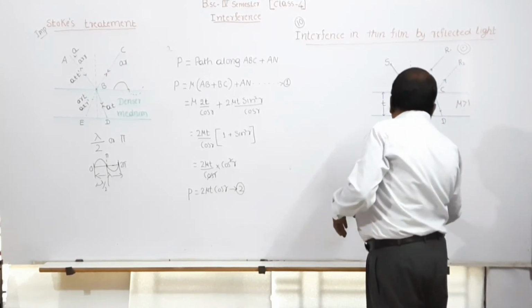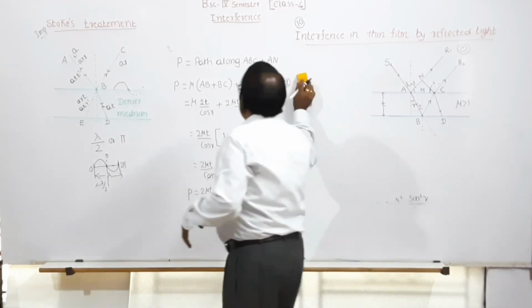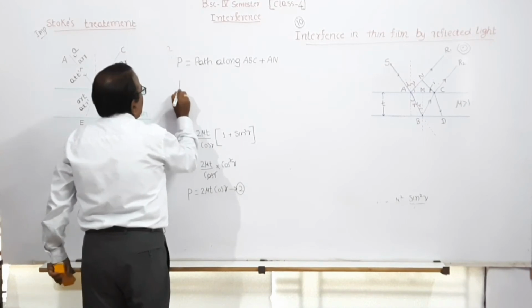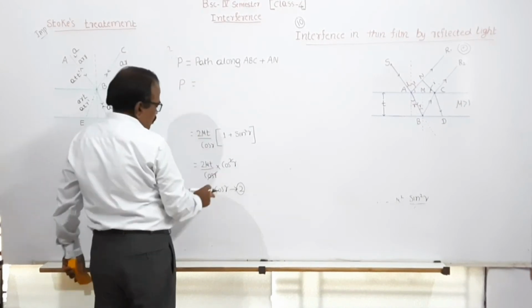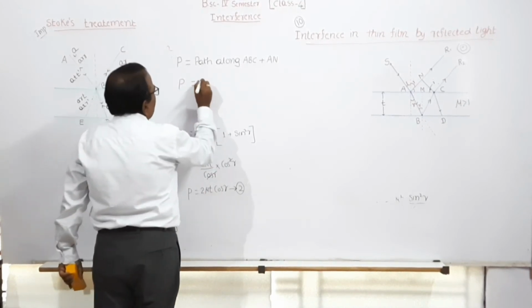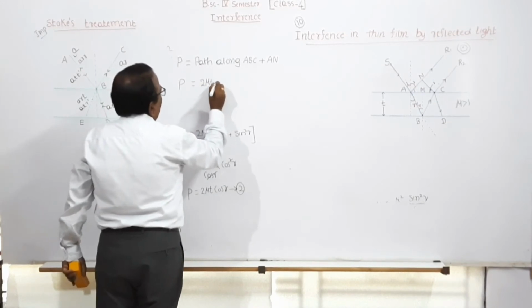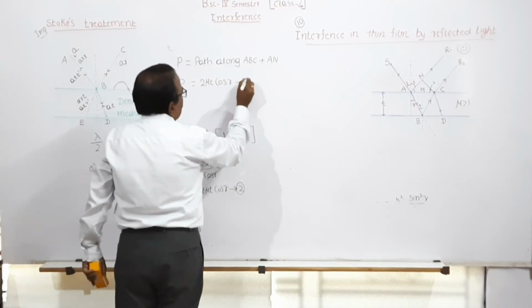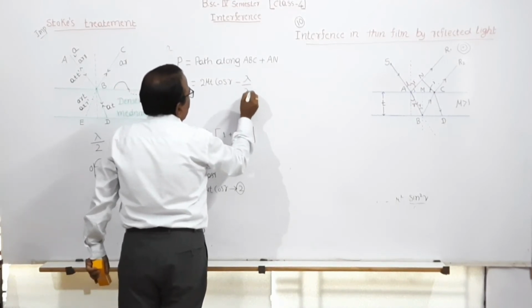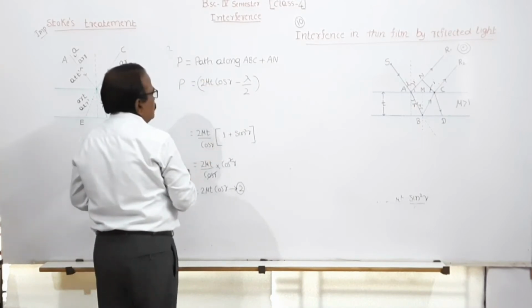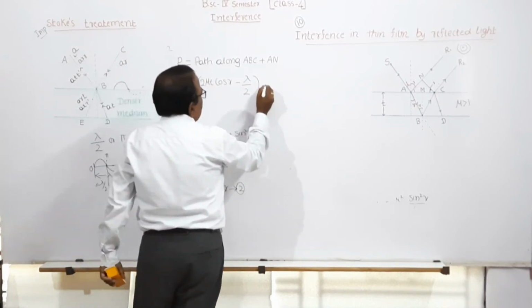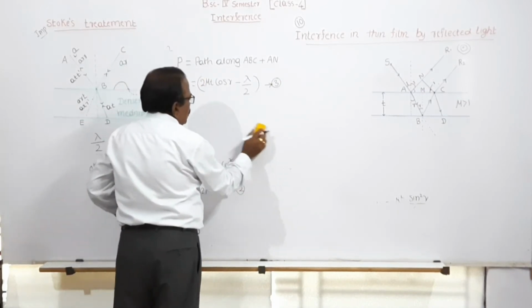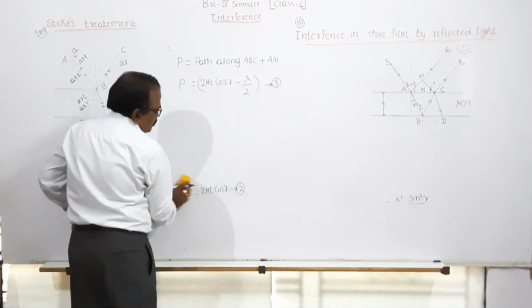Therefore, this path P is equal to, the actual path 2 mu T cos R minus lambda by 2. Call this equation 3. This is your expression for path difference.